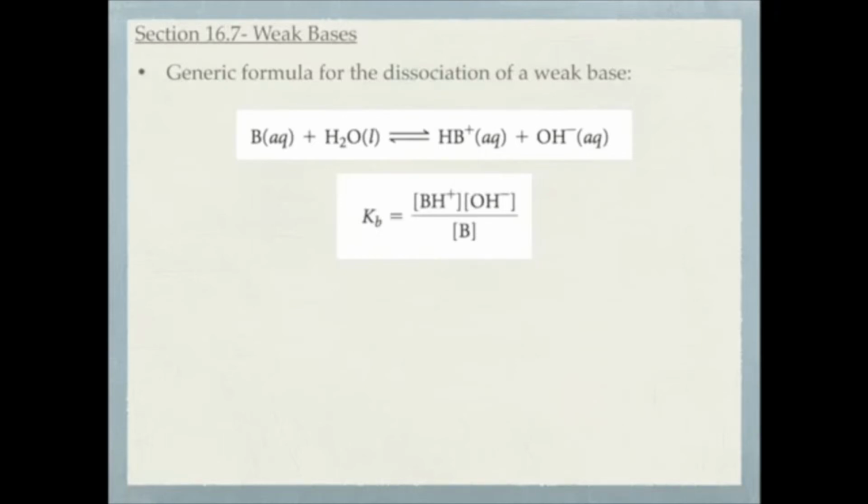In this case, it's your HB plus, your conjugate acid, times the concentration of hydroxide, all over the concentration of your base. Remember that water, since it's a pure substance, we don't include it in your equilibrium expression. And your Kb is now your base dissociation constant rather than your acid dissociation constant.